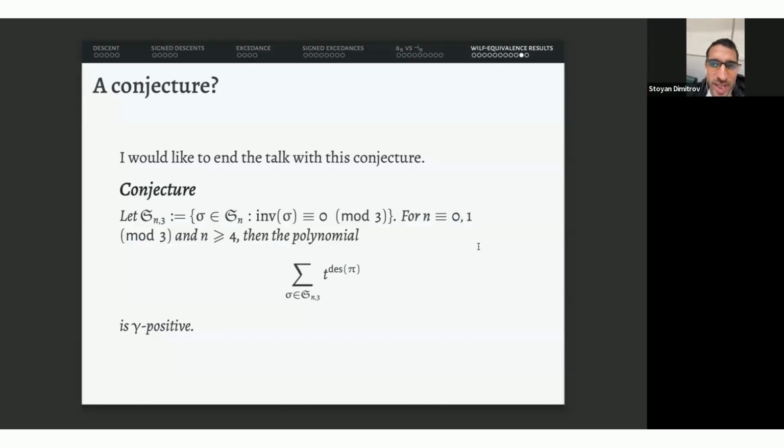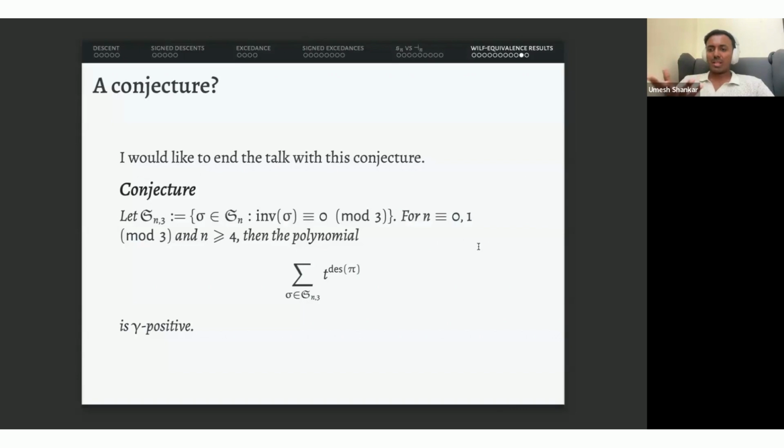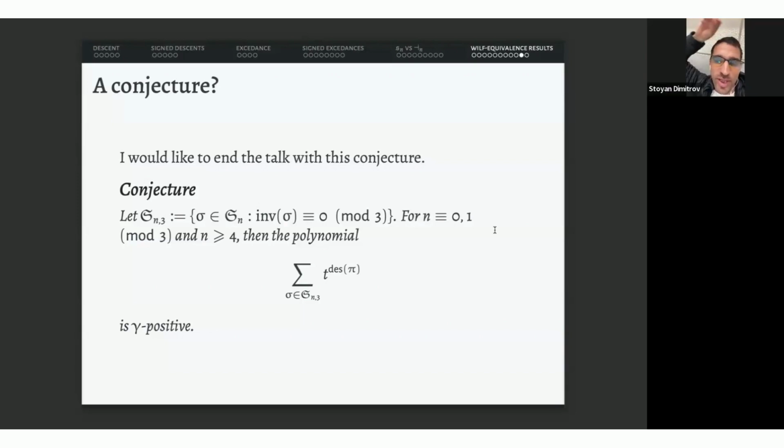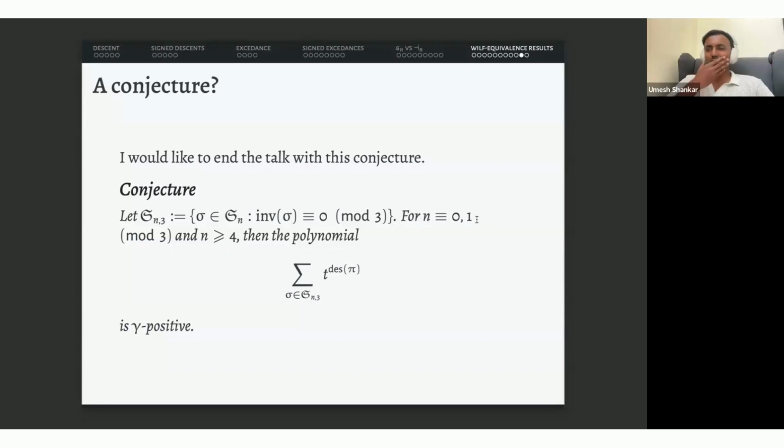And speaking of the same conjecture, if n gives remainder 2 mod 3, is it palindromic? It is never palindromic, at least the ones I've checked are not palindromic.